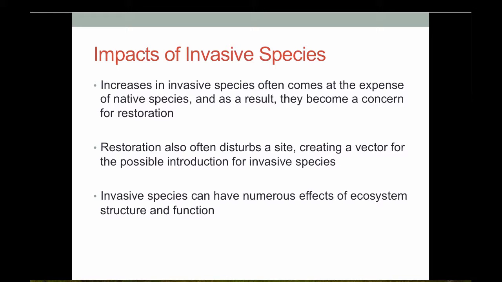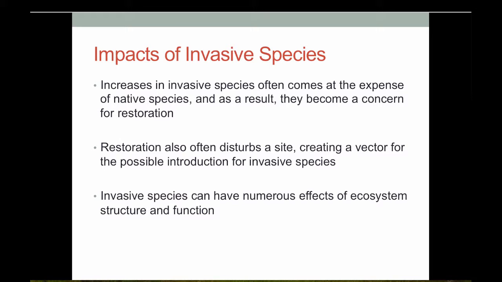All right, so if you go back to the SER International Primer, we're trying to restore ecosystems that are dominated predominantly by native species, those that are going to enhance the structure and function of those ecosystems that reflect some restored site.